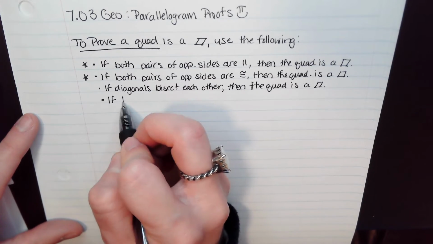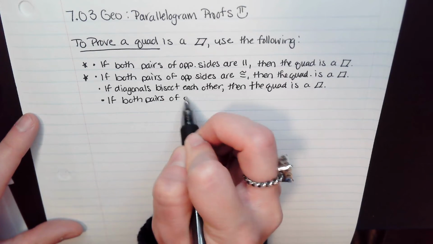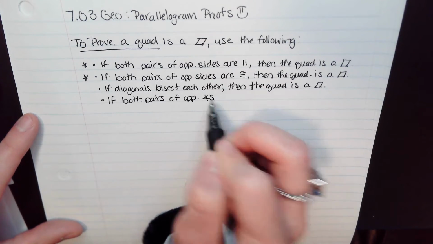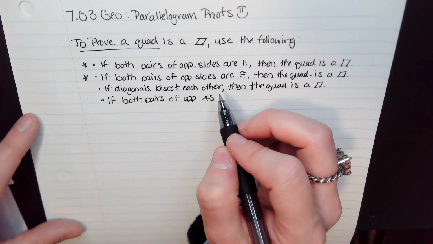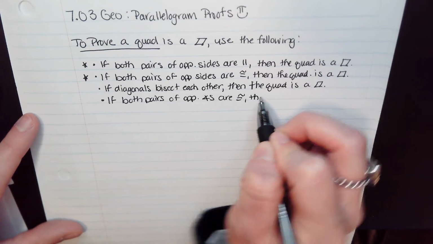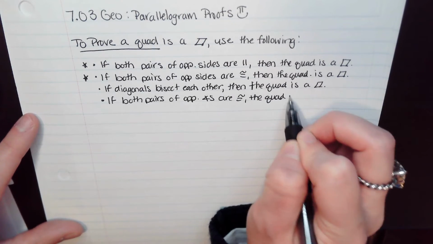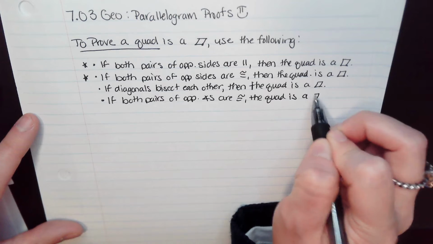If both pairs of opposite angles are congruent, the quad is a parallelogram.